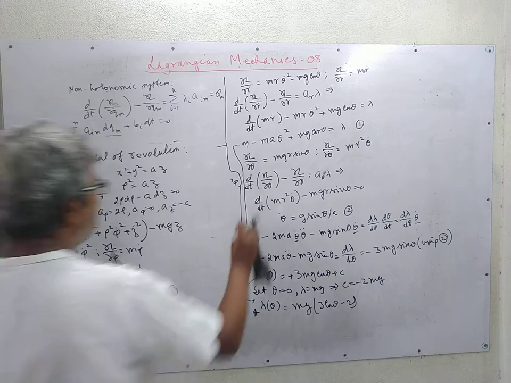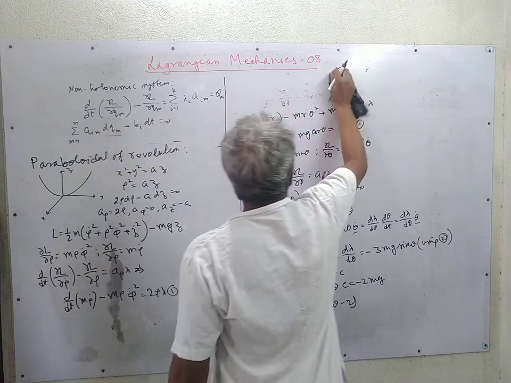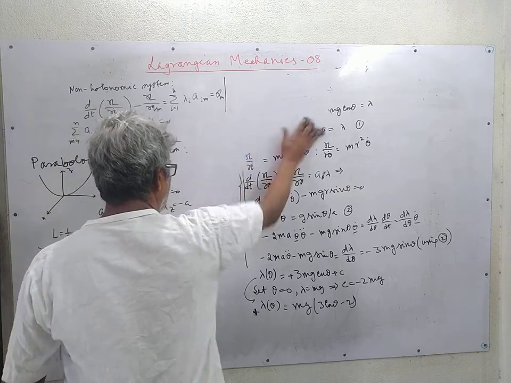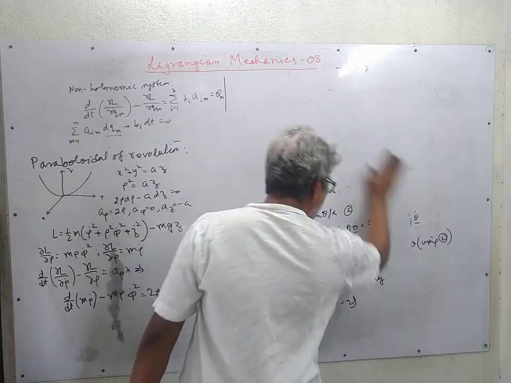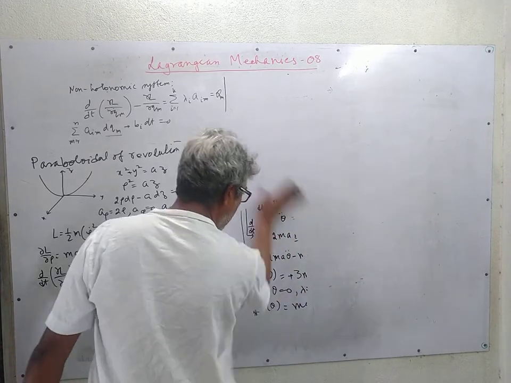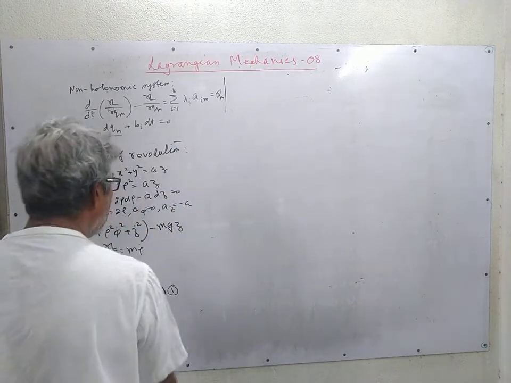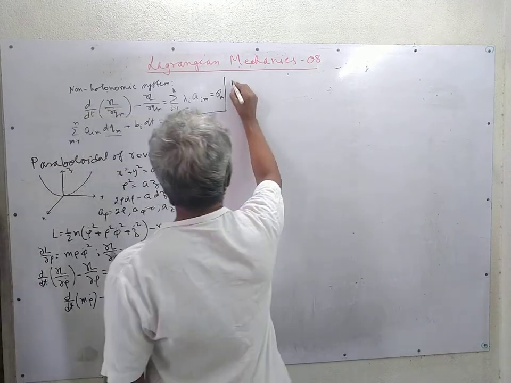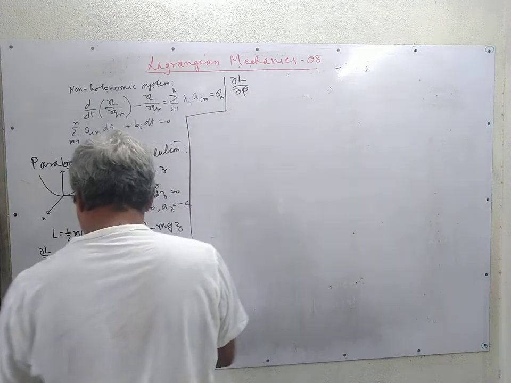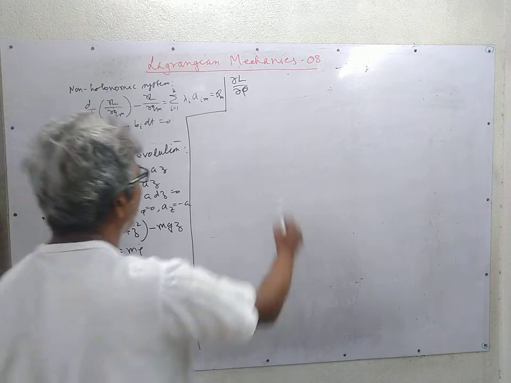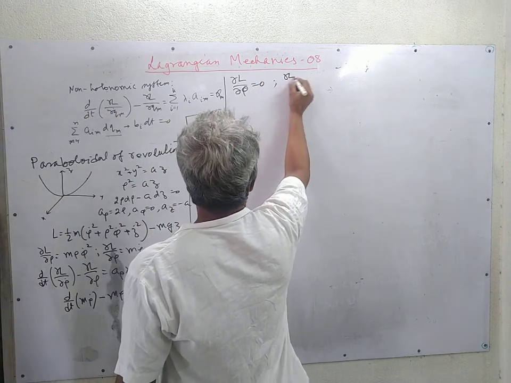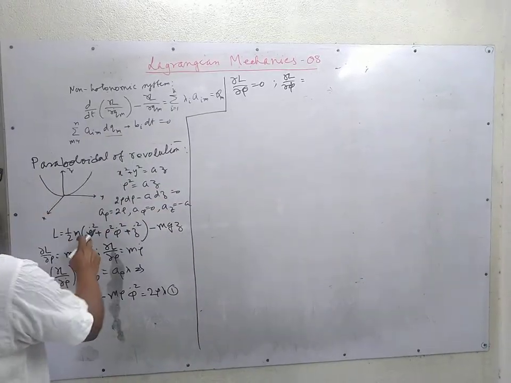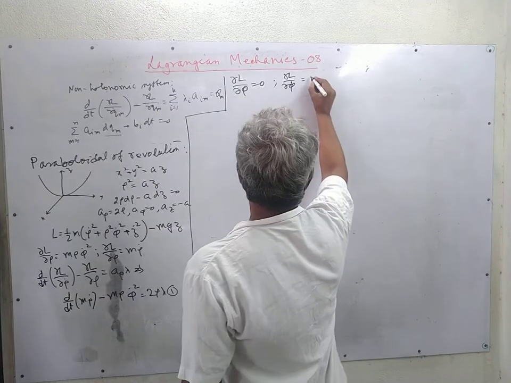And coming to the φ equation: ∂L/∂φ, since the Lagrangian doesn't have any φ dependence, it is 0, and ∂L/∂φ̇ is mρ²φ̇.